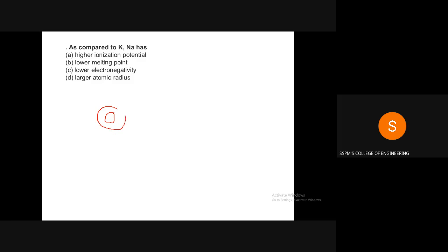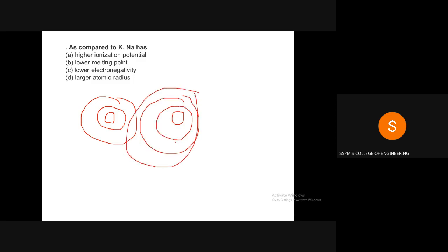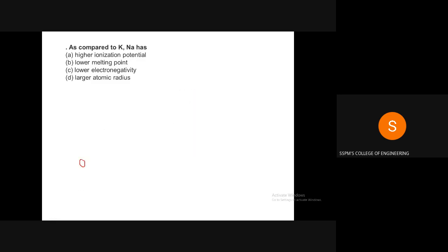Other statements are incorrect. Only one statement is correct because sodium has 3 orbitals whereas potassium has 4 orbitals.